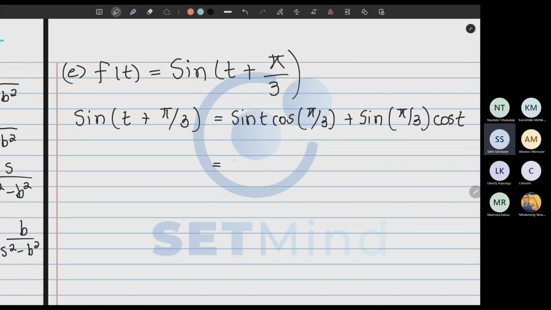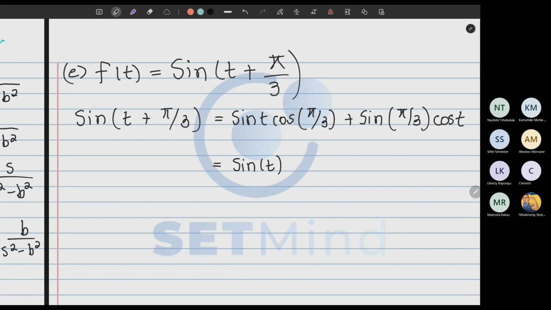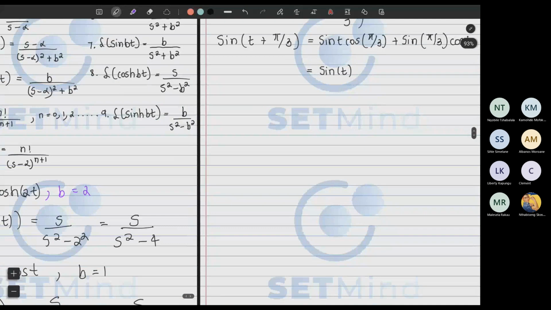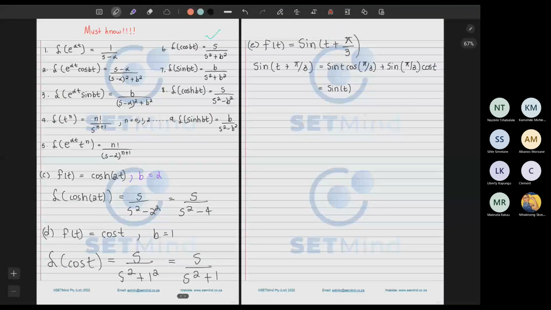Right, so sine of t. Okay, sorry, that was my network.